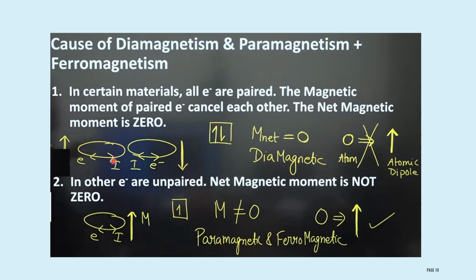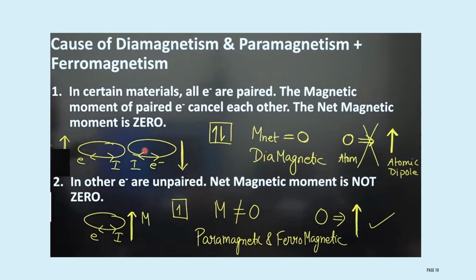In a paired electron, one electron generates a magnetic moment indicated by an up arrow mark, and the other electron generates a magnetic moment indicated by a down arrow mark. Here you can observe the magnetic moments generated by the two electrons are in opposite directions.